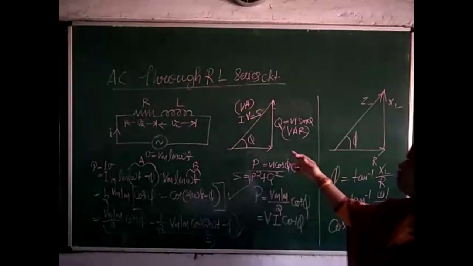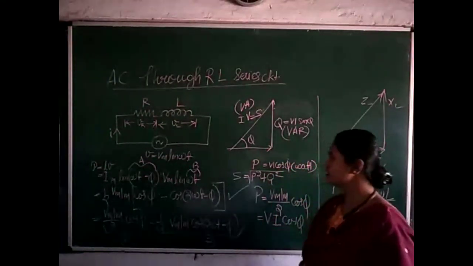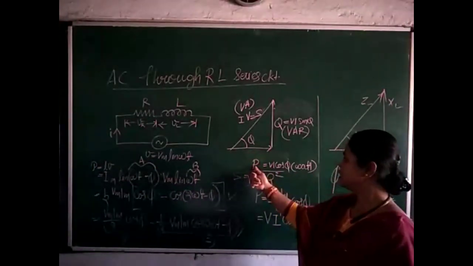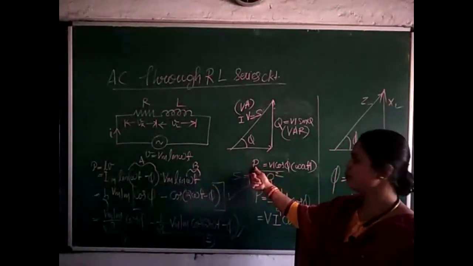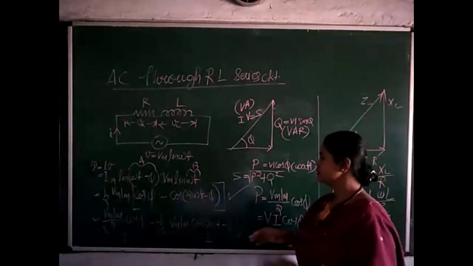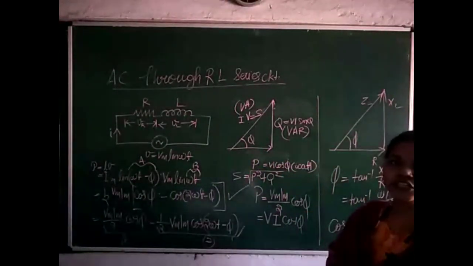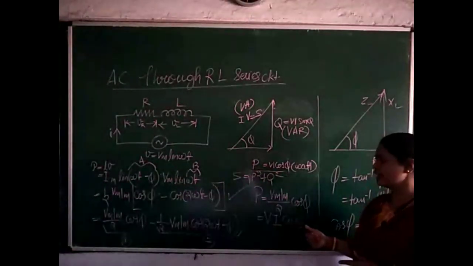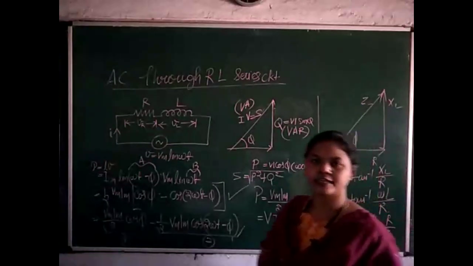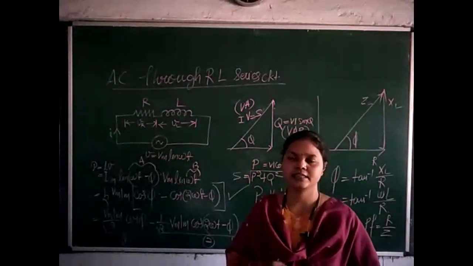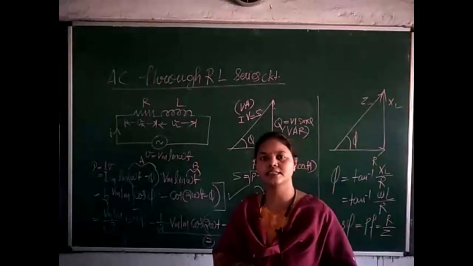And from this power triangle, you get another definition: it is the ratio between active power and apparent power. Okay, and the average power of an RL series circuit is VI cos phi, which is only consumed by the resistive part of the RL series circuit. This one you have learned in this study.